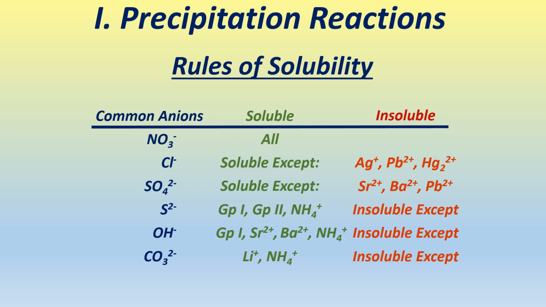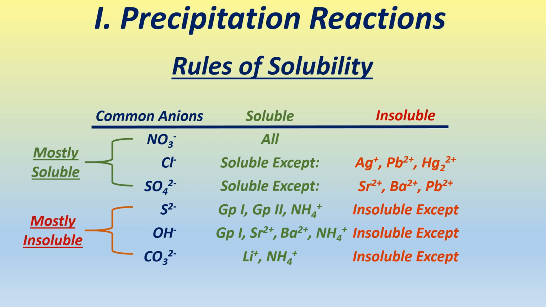So, if one memorizes these simple rules and notes a trend, the trend being that the first three, nitrates, chlorides, and sulfates, are mostly soluble, with some exceptions. The following three common anions are mostly insoluble, with some exceptions. If one knows the rules and knows the exceptions, one can easily use them.